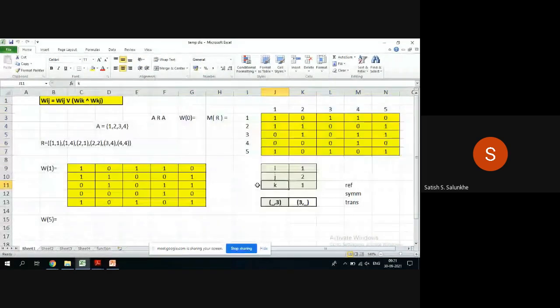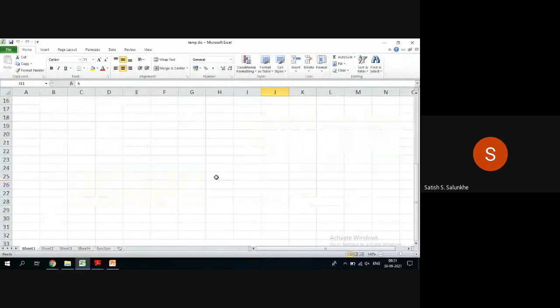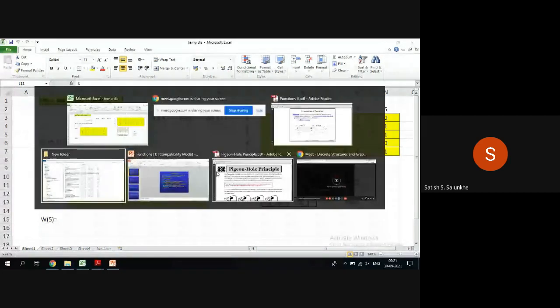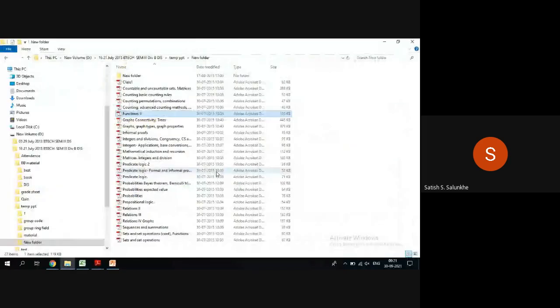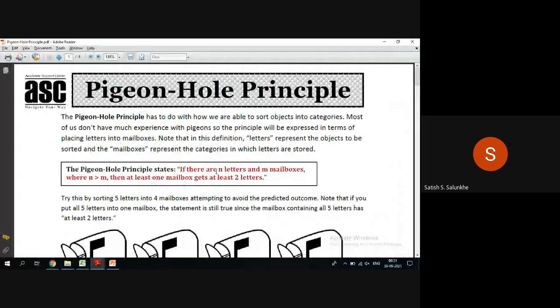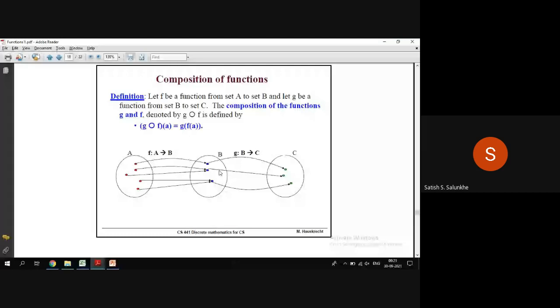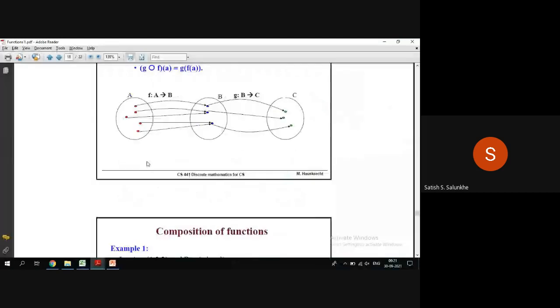I think I have not noted here, but we already discussed this composition of relation. So coming back, what exactly we need to identify is how to get that element.